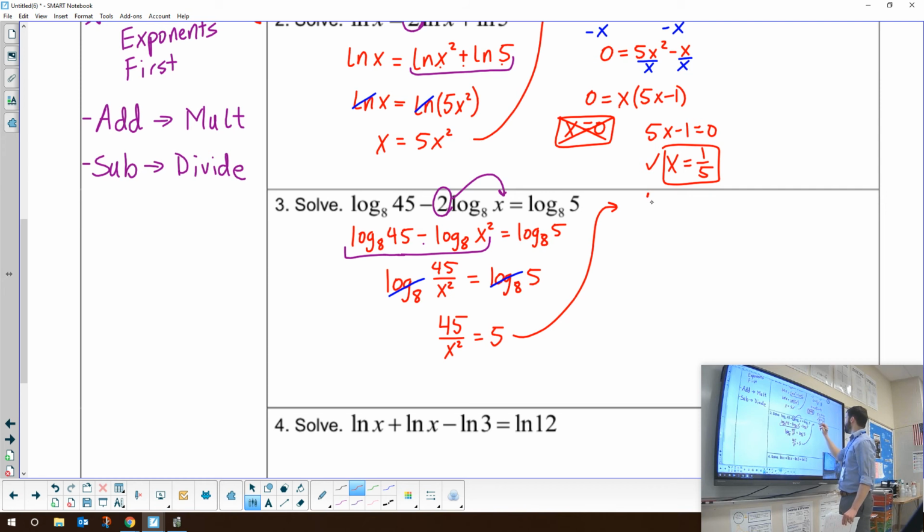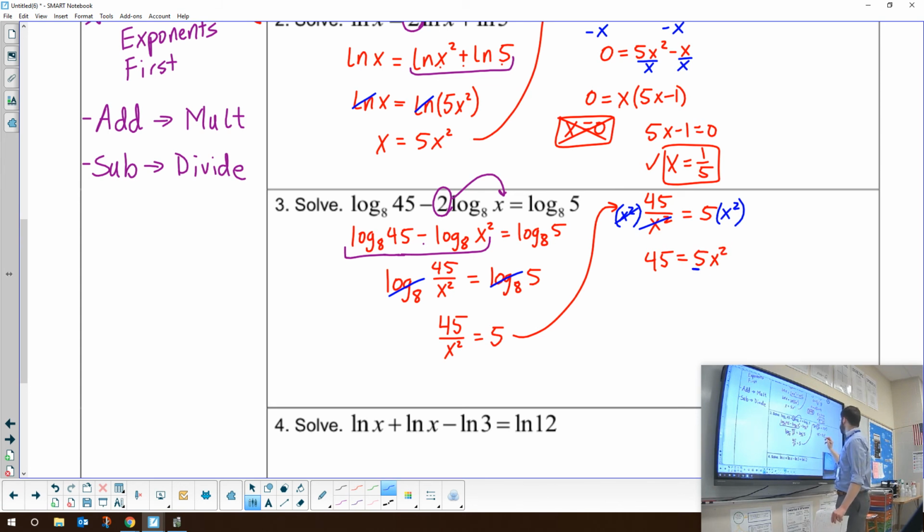So if I have 45 over x squared equals 5, first off, I need to clear out this fraction. To do that, I'm going to multiply both sides by x squared. Okay, these are going to cancel, and I'm going to get 45 equals 5x squared.